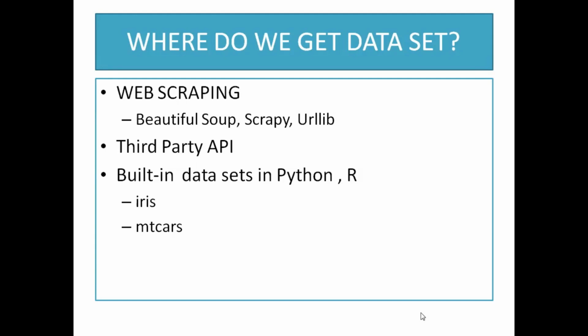But if you are a beginner and not comfortable with either of these two ways, then the easy way is to use the built-in data sets available in Python and R. There are a lot of data sets readily available.